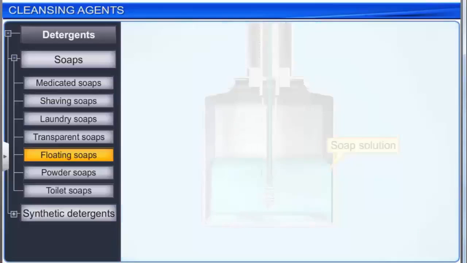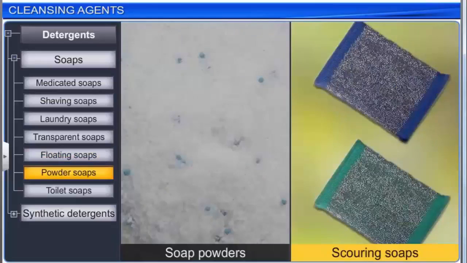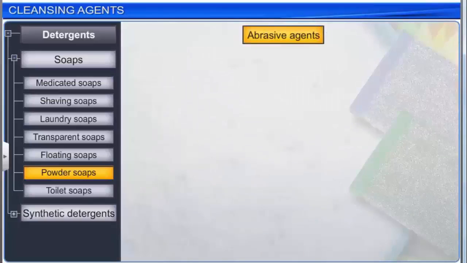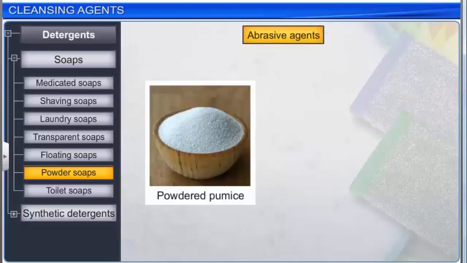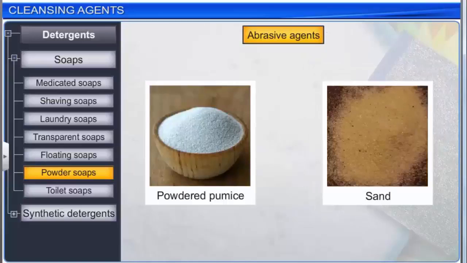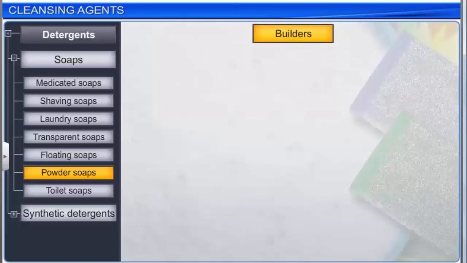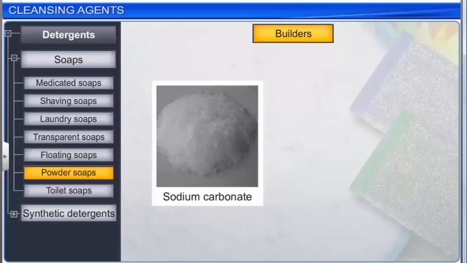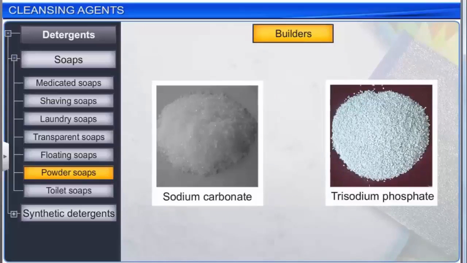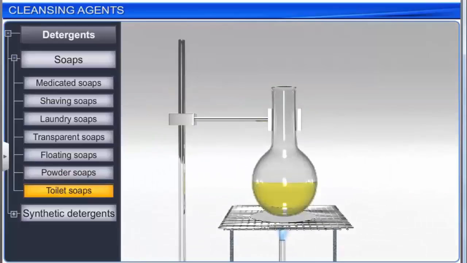In preparing soap powders and scouring soaps, an abrasive agent such as powdered pumice or finely divided sand is added, along with builders such as sodium carbonate and trisodium phosphate. The builders enable the soap to act at a faster rate. In preparing toilet soaps, good quality fats and oils are used, and excess alkali is removed. Perfumes and colors are added to make them attractive.